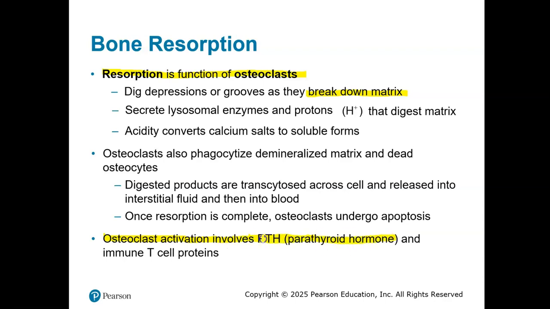Okay, so parathyroid hormone will activate osteoclasts. The osteoclasts will break down the bone matrix, and then the excess calcium will be reabsorbed into our blood, and it will raise our blood calcium levels. So parathyroid hormone is actually released by the parathyroid glands when our blood calcium levels are low, and it will activate osteoclasts, and as they break down bone matrix, calcium will be released into the blood.